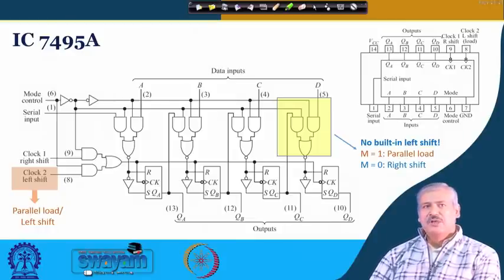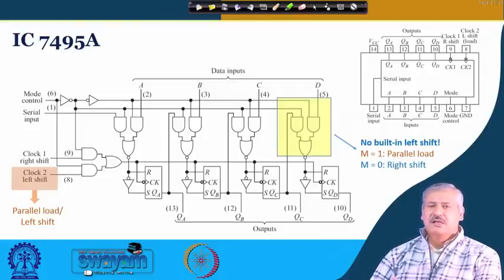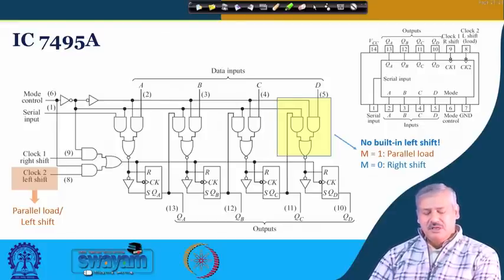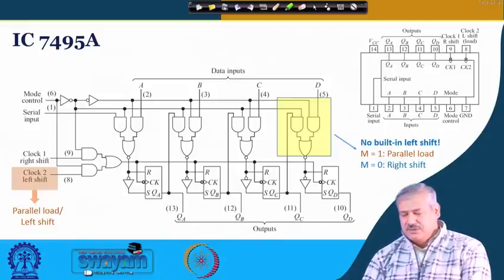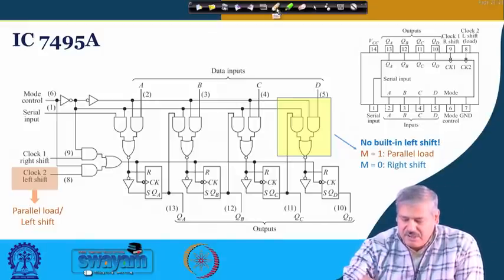But we can make it work like a universal shift register by external connection. Since it is often used in the lab, I have considered this as a topic of discussion. Let us see how it actually looks, this is a 14 pin IC.